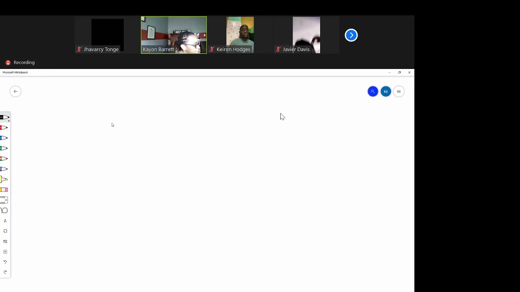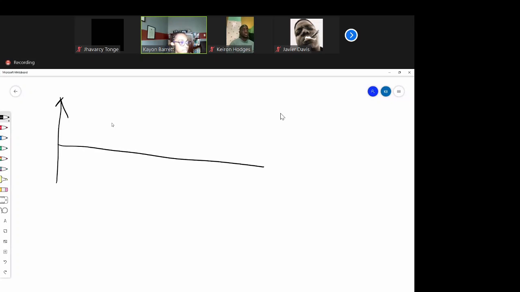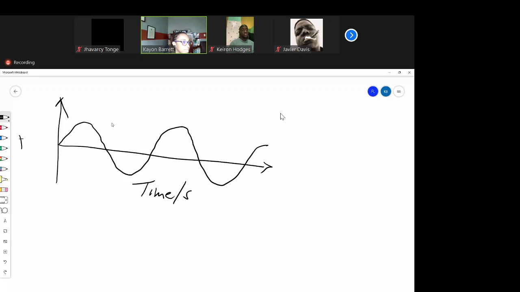So basically, as I mentioned to you before, you would be able to represent both of them with a sine or a cosine curve, right? The sine curve would generally start at 0 and it would vary continuously with time, right? And of course, you'd put your time on the x-axis, and your displacement on the y-axis.